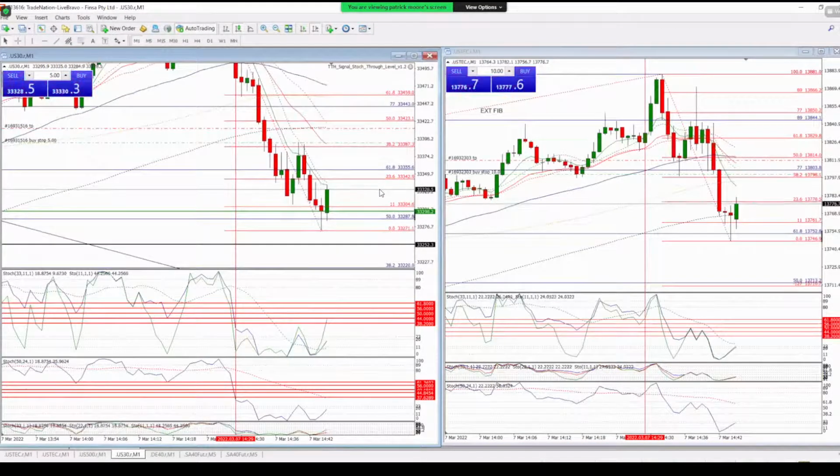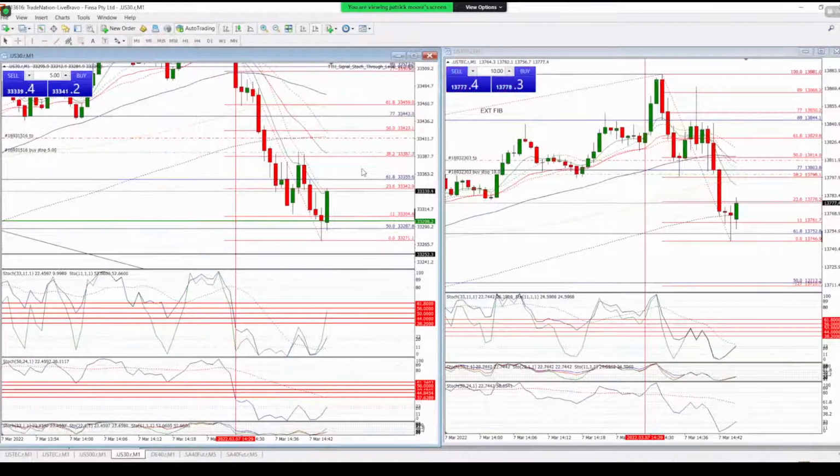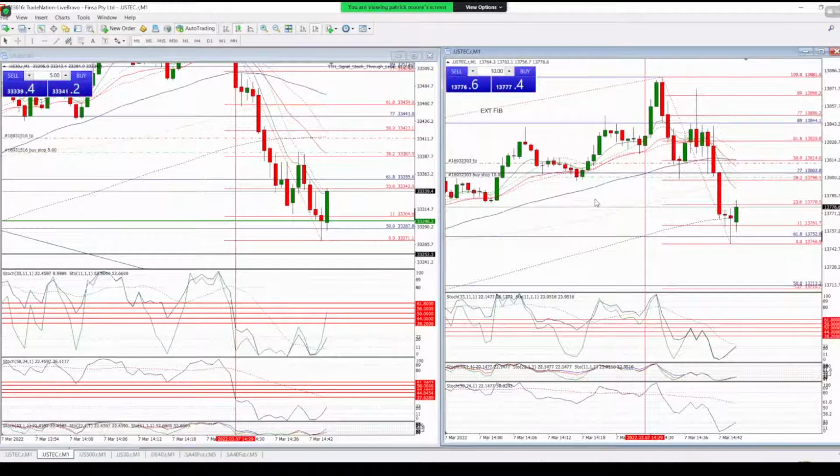Also, if it's 0 on the stochastic, so looking for first step up. I'm leaving my extension hook there until I get the 5 candles.